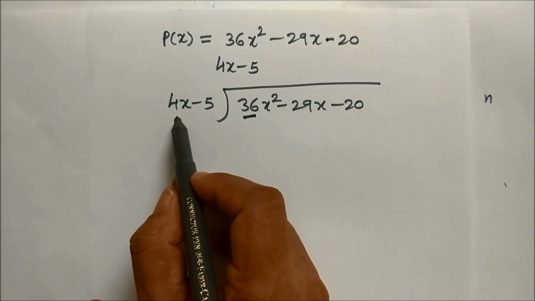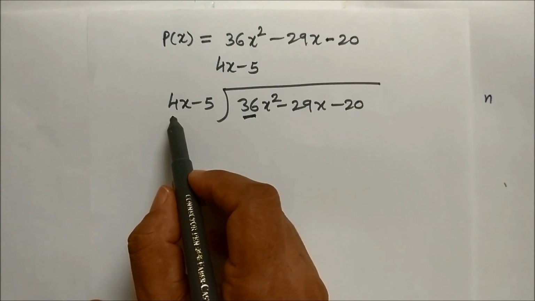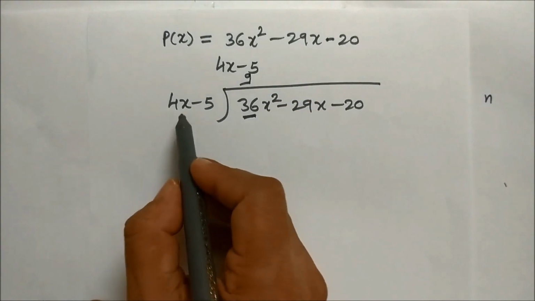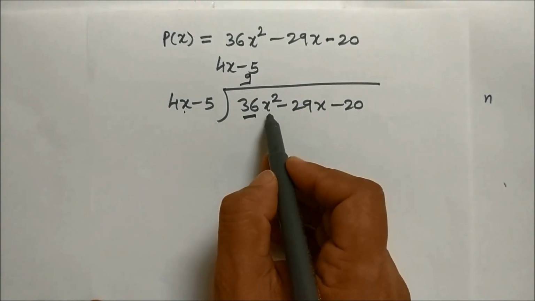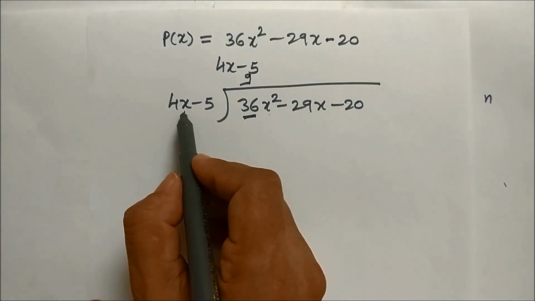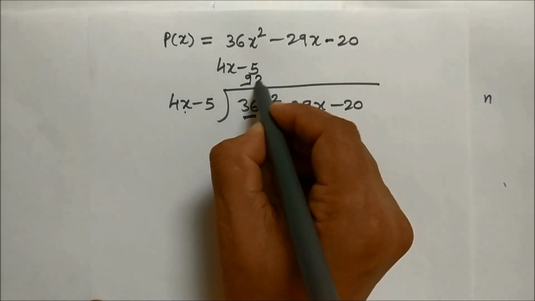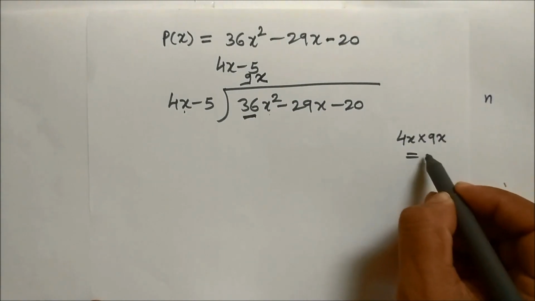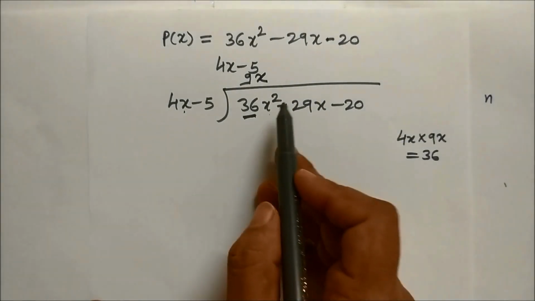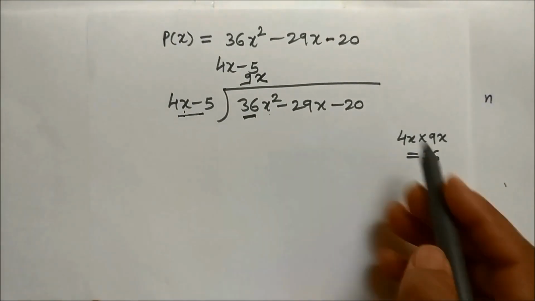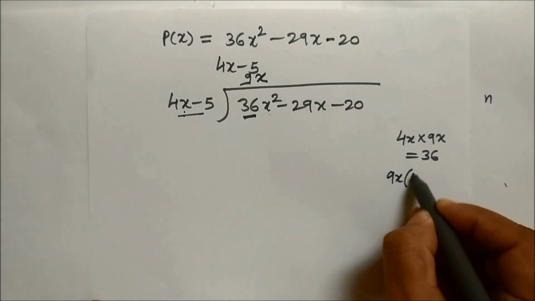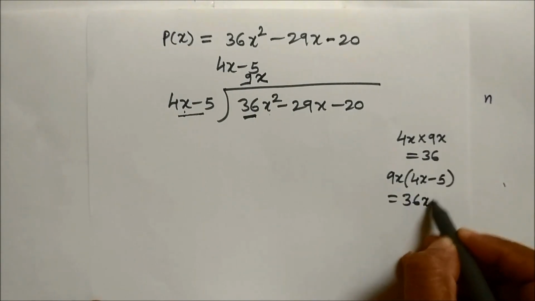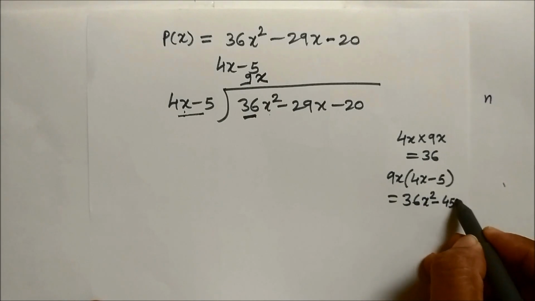We know 4 9s are 36. So we'll multiply here 9, and here we have x, and there is x square. So when we multiply x here, it becomes x square. So we have to take x also. So 4x into 9x, we will get 36x square. But here we have a binomial, so we have to multiply this 9x in both the parts of 4x minus 5. So we will get here 36x square minus 45x.